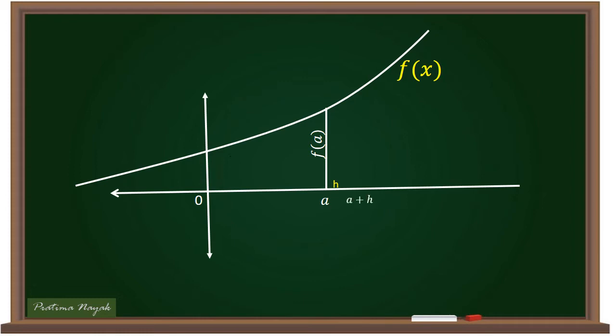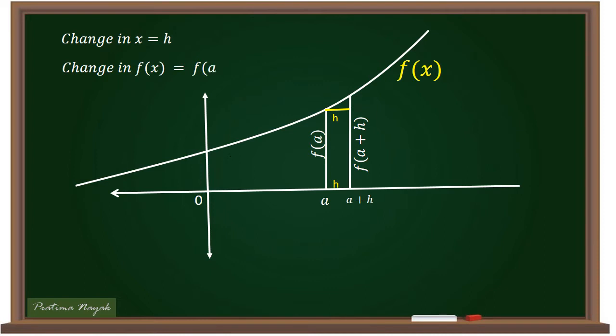So now x becomes a plus h, and that is the value of y. Then we get the change in x and change in y. So change in x is h and change in y will be f(a plus h) minus f(a). And this angle we denote as theta 1.